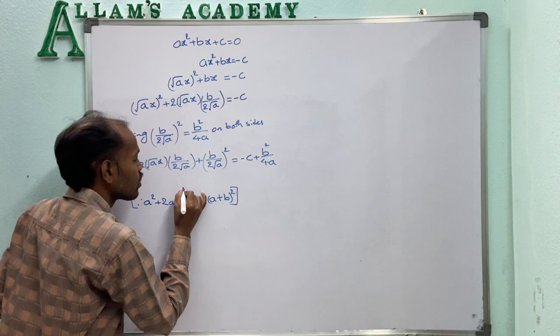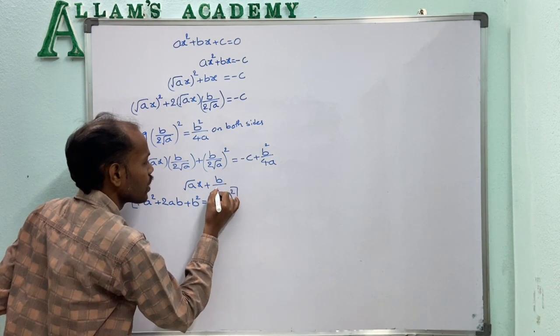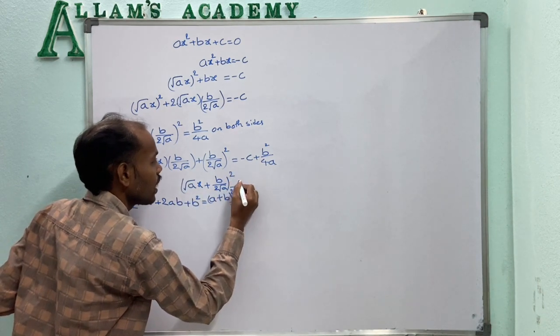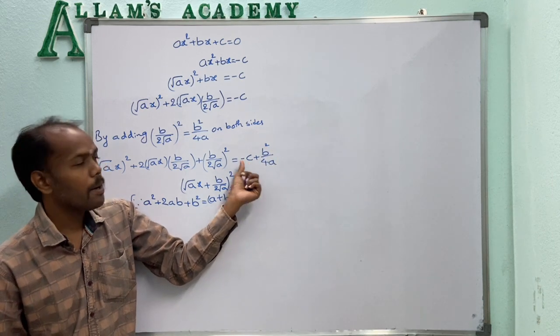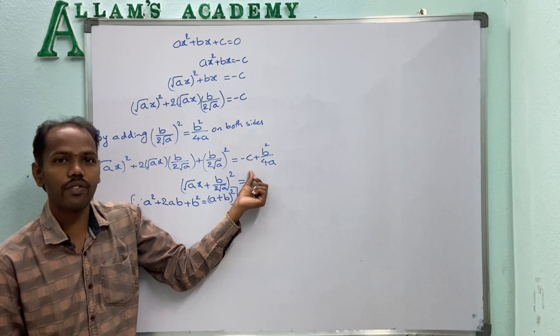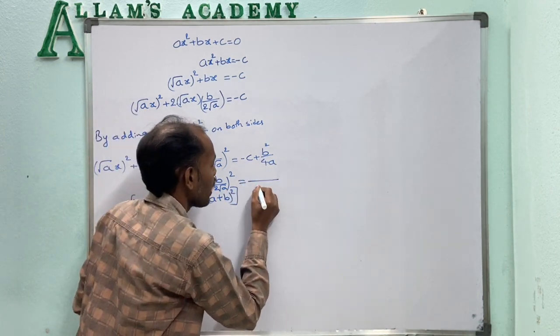So root a x plus b by 2 root a whole square is equal to, now on the RHS, b square by 4a minus c is there. Here minus c has denominator 1. So the LCM of 1 and 4a is 4a.